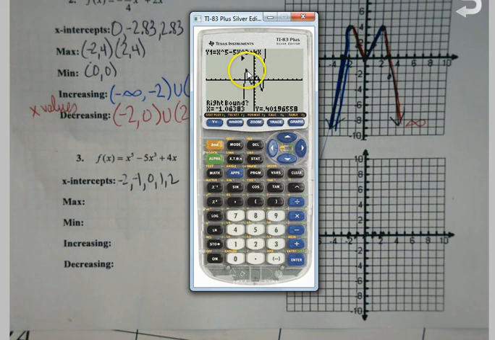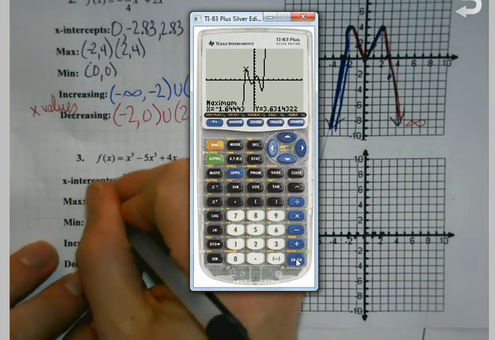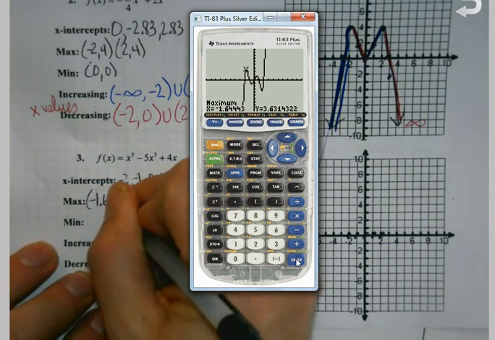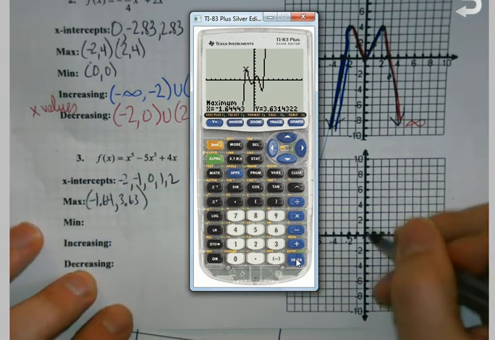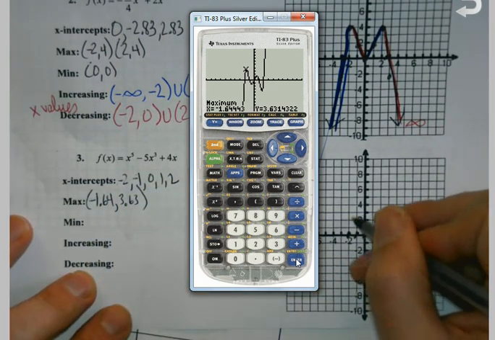It doesn't matter as long as it's right in here somewhere. 2 enters, 1 to get the right bound gone and 1 for the guess. So my first max looks like negative 1.64, 3.63. And I'll actually go ahead and plot that.